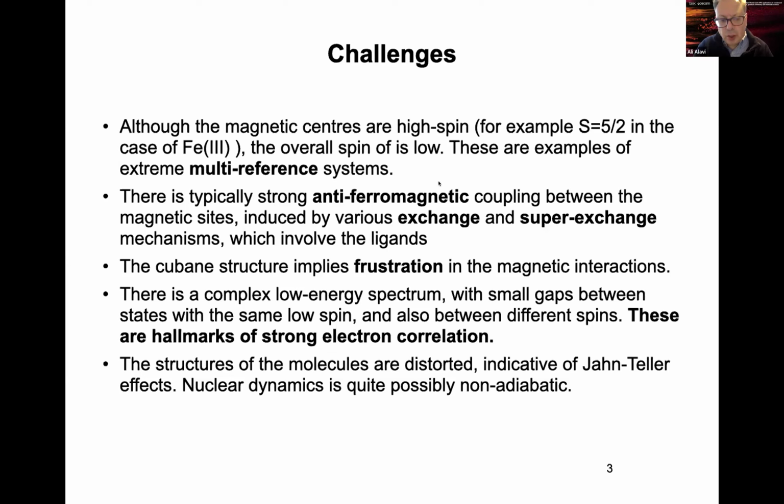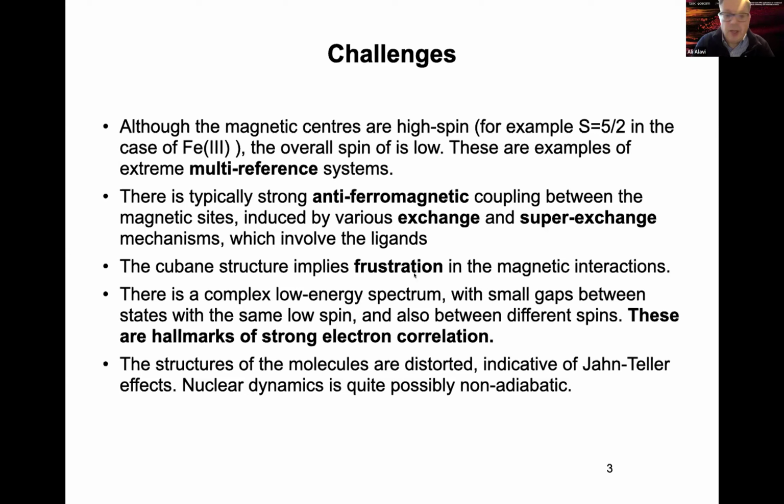The cubane structure turns out to be a motif that occurs repeatedly in these systems, and that in turn implies that there must be frustration among the magnetic interactions. You cannot simultaneously satisfy all the antiferromagnetic interactions, and that leads to frustration.